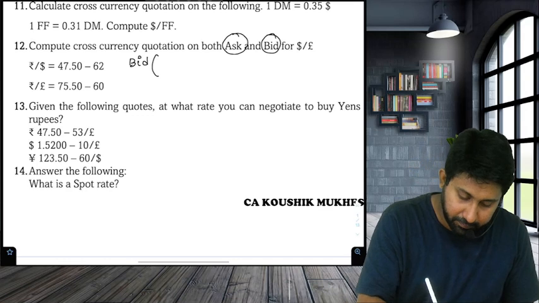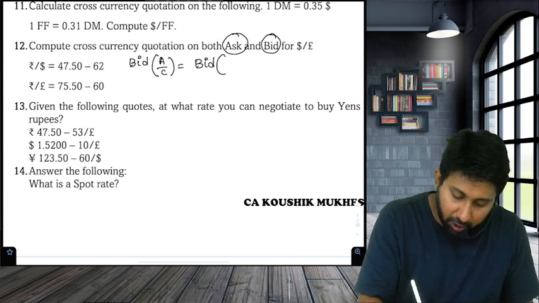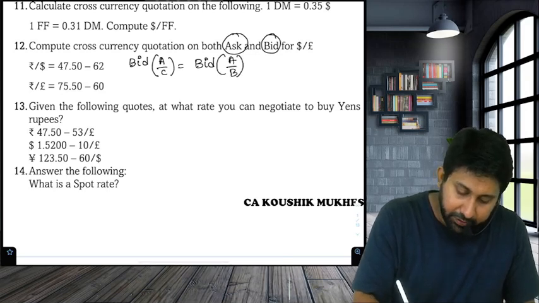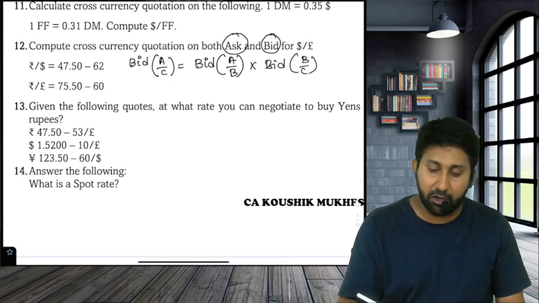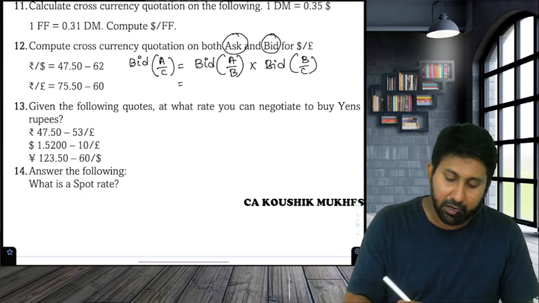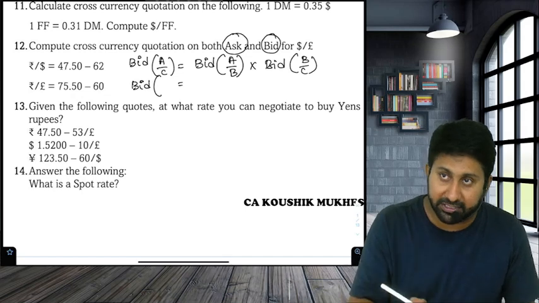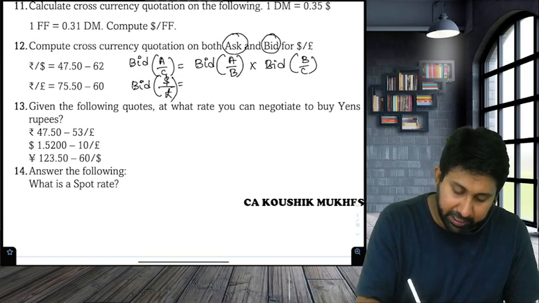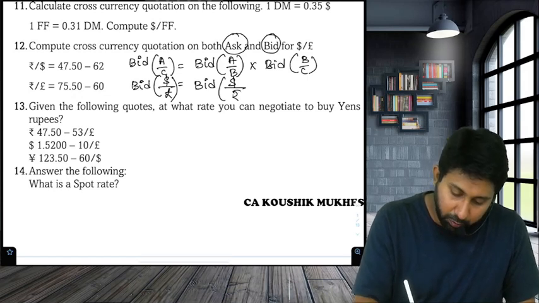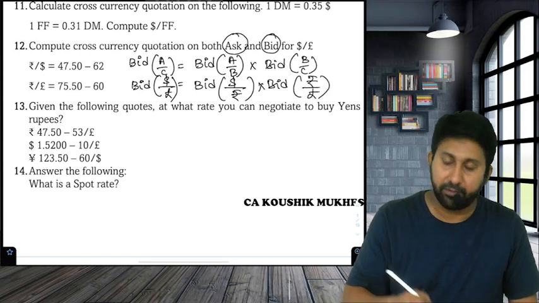Bid of A by C equals bid of A by B into bid of B by C. A means I want dollar, C means I want pound, B is rupee. Bid of dollar by rupee into bid of rupee by pound.